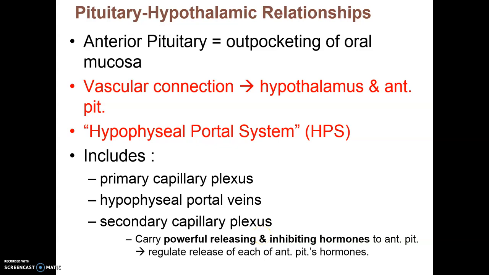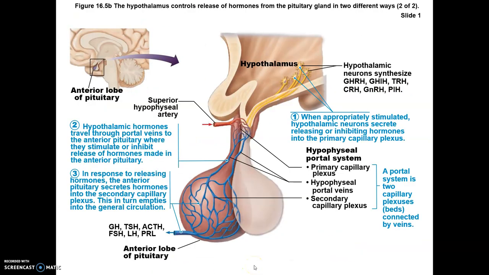So this is the hypophyseal portal system, a connection between two capillary beds through the portal vein. This system carries releasing and inhibiting hormones to the anterior lobe of the pituitary gland.